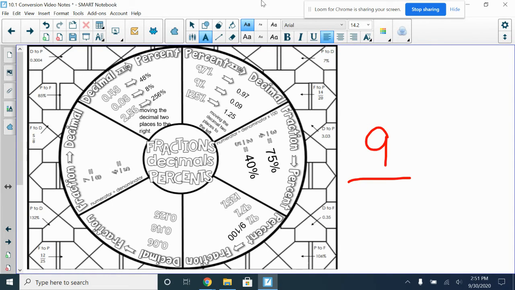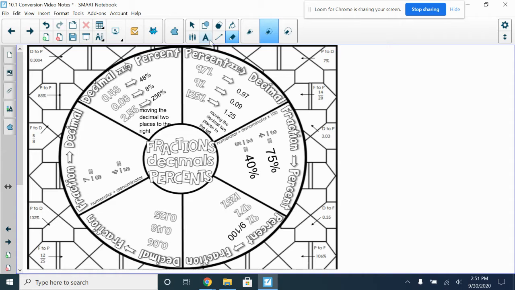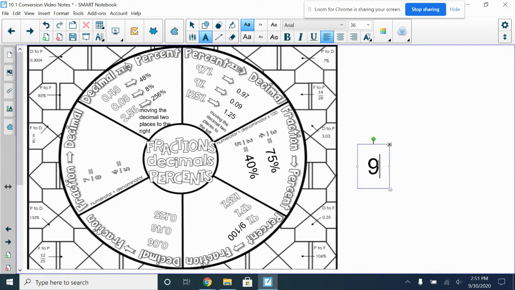All right, and then we have 97%. We would, again, put it over 100. So let me erase this. 97% over 100.